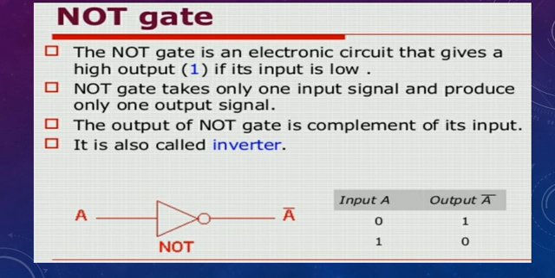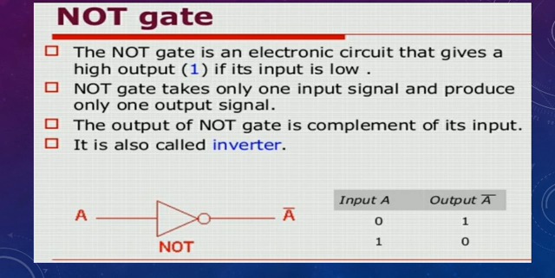The output of the NOT gate is the complement of its input, so it is also called an inverter. See the symbol of the NOT gate: only one input and only one output, with a bar. In Boolean algebra, it is A bar, A inverse. So if the input is low, the output is high. If the input is high, the output is low.